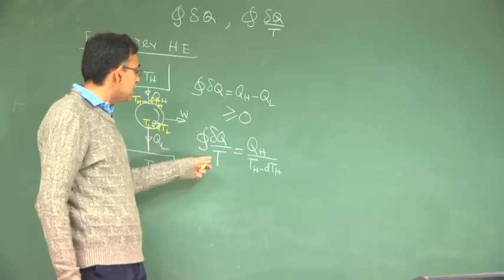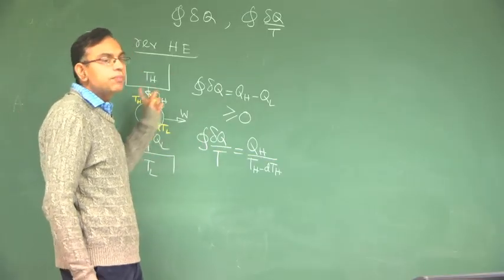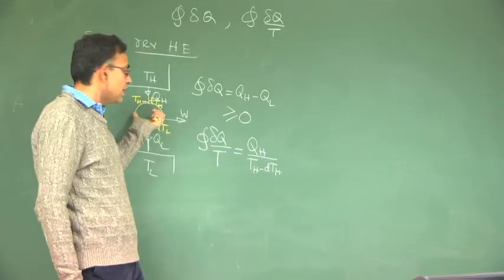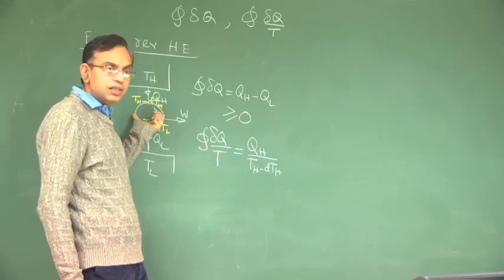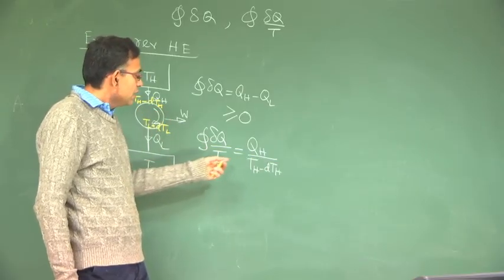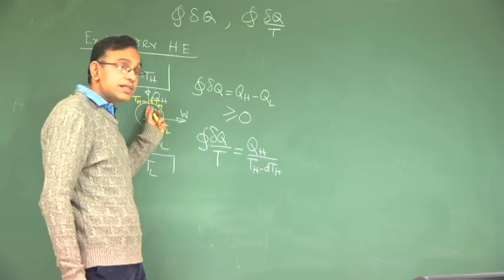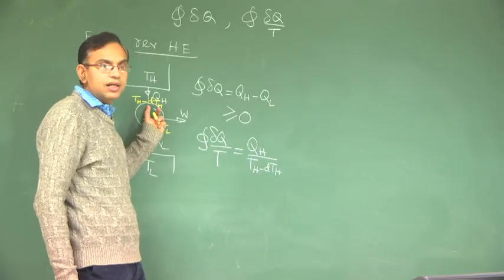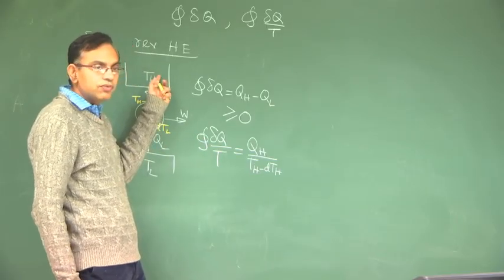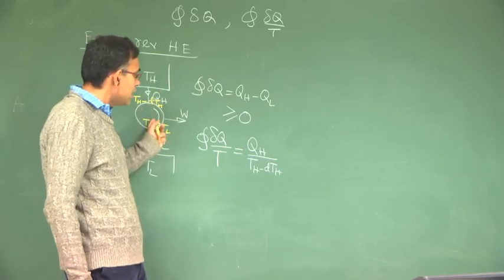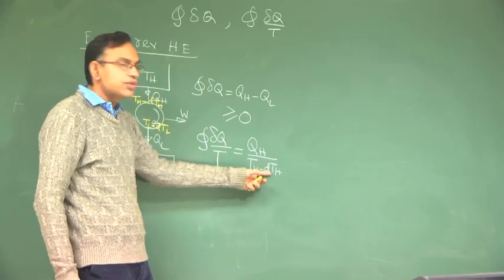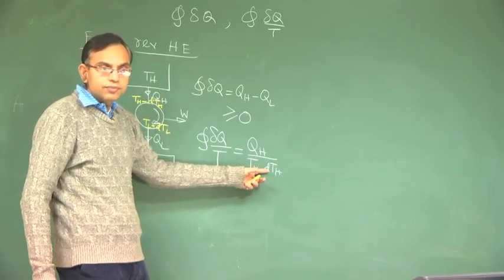Remember, we are writing this integral not for the system plus surroundings, only for the system, which is the heat engine. That is why this T is the temperature of the system boundary across which the heat transfer is taking place, not the temperature of the reservoir. Because of external reversibility, this is as good as the temperature of the reservoir.